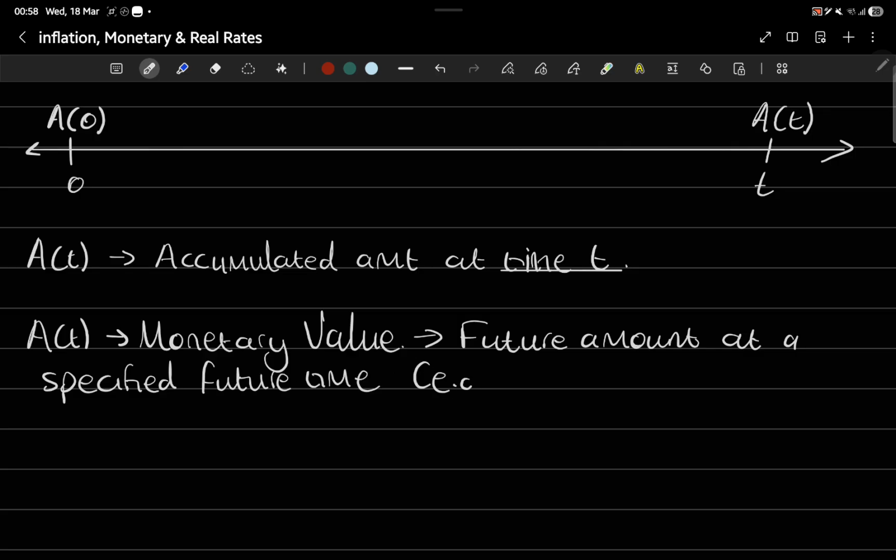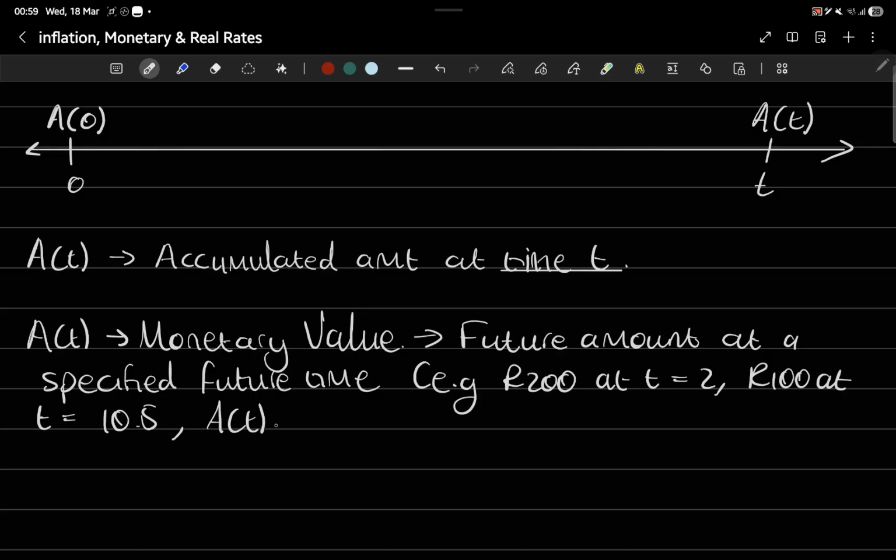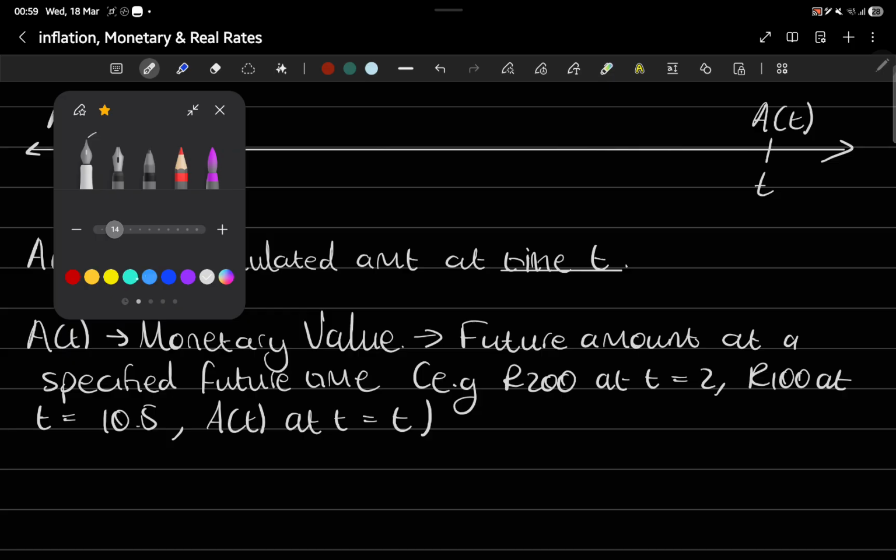And an example of this would be 200 at time 2, or 100 at time, let's say, 10.5, or something like that. Just so long as it's a specified future amount at a specified future time, then it's a monetary value. In this case, At, with time equal to t, is a monetary value.